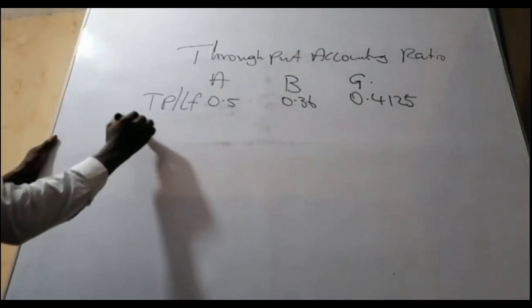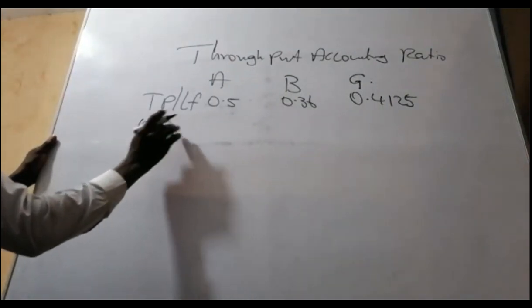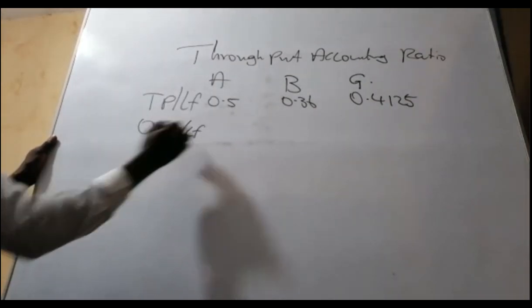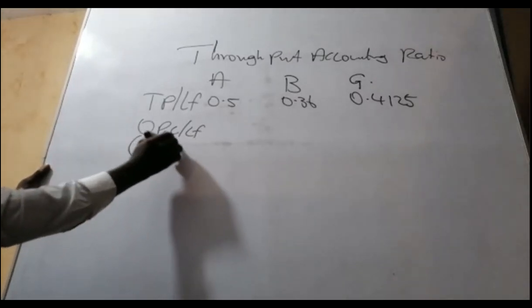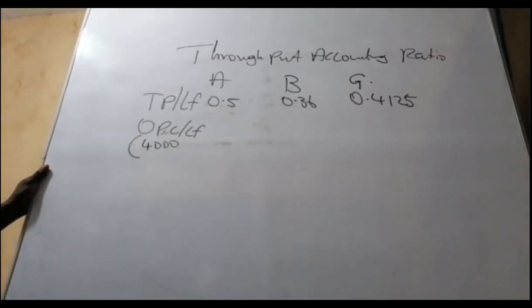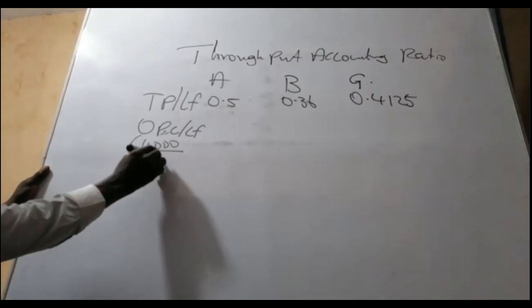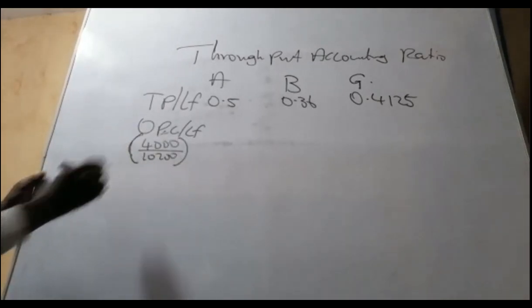Operating cost per limiting factor is equal to the total operating cost, which is 4,000, right? 4,000 divided by the total limiting factor, which is 10,200. And it's going to be the same throughout.